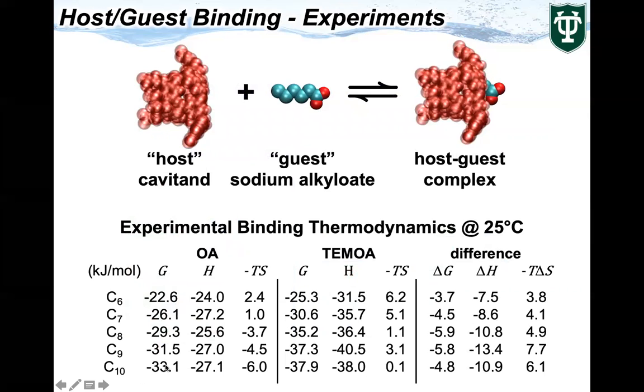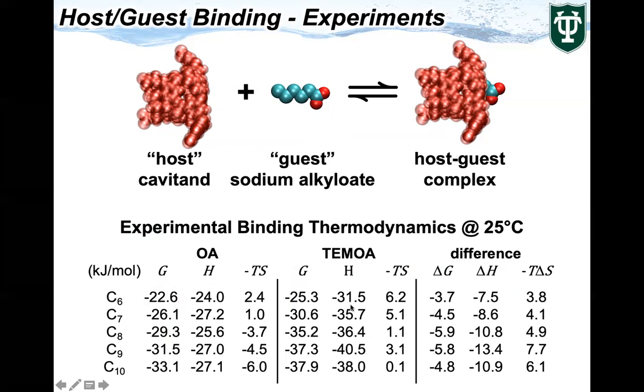Experimentally, we've performed ITC experiments, isothermal titration calorimetry experiments, to look at binding of sodium alkylates to both octa acid and tetra-endo-methyl octa acid for hexyl through decyl sodium alkylates. From these ITC experiments, we can get the thermodynamics: the free energy, enthalpy, and entropy of binding.